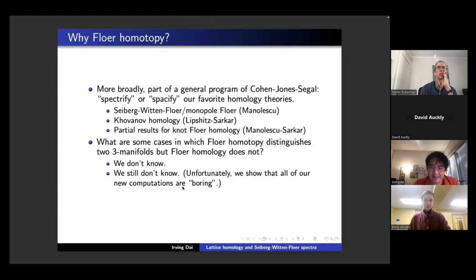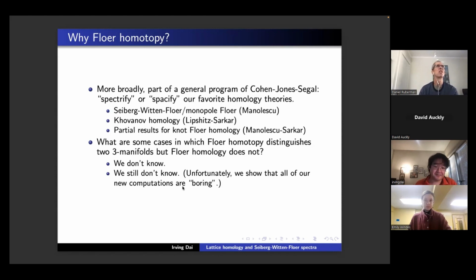I should note that in these other cases, for example the Khovanov homotopy type, I believe there are certainly knots which are distinguished by their Khovanov homotopy type, but not their Khovanov homology. Unfortunately, we essentially show that for these 3-manifolds, the Floer homotopy type can algorithmically be determined from the Floer homology.